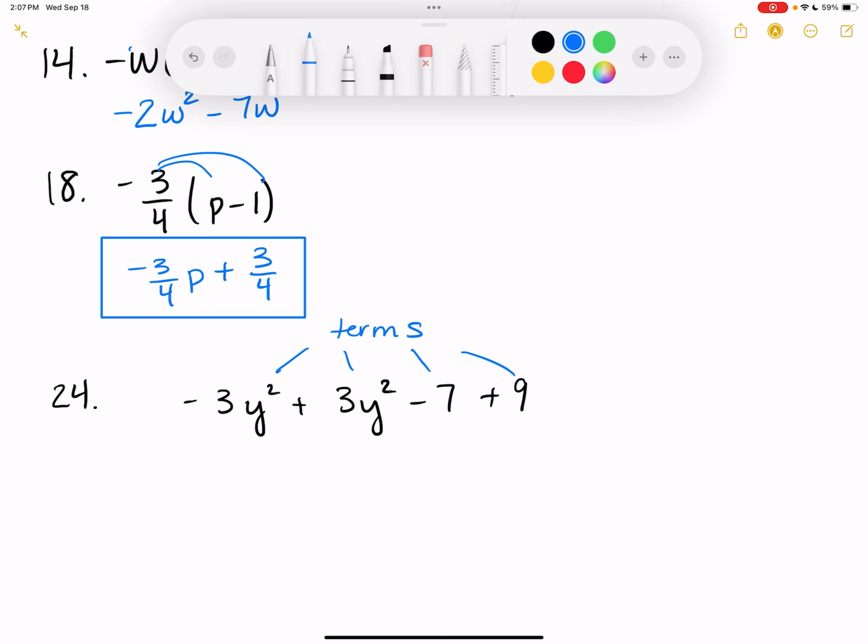What are the like terms? Negative 3y squared and 3y squared. So these are like terms. Are there any other like terms? Yep, the two constant terms are also like terms. What are the coefficients?